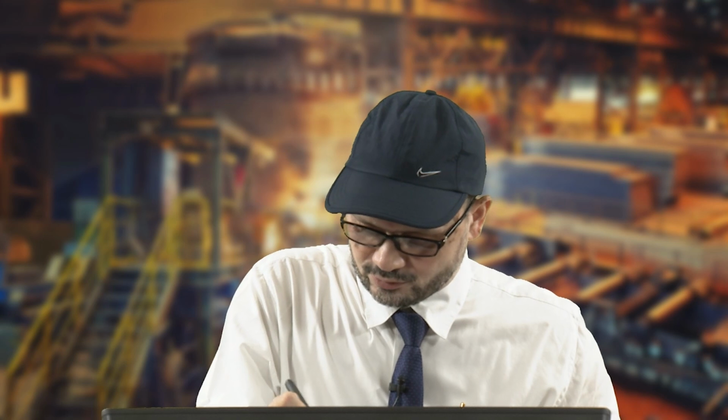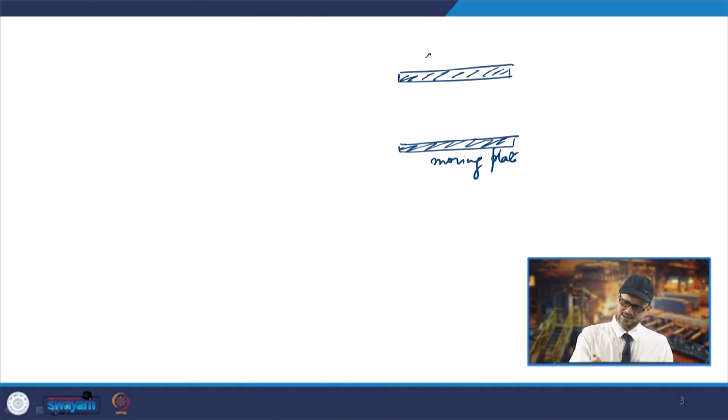In this experiment, you had a stationary plate, and you have fluid in between, and this is a plate which is allowed to move. So, this is a moving plate, and similarly you have this as the stationary plate.